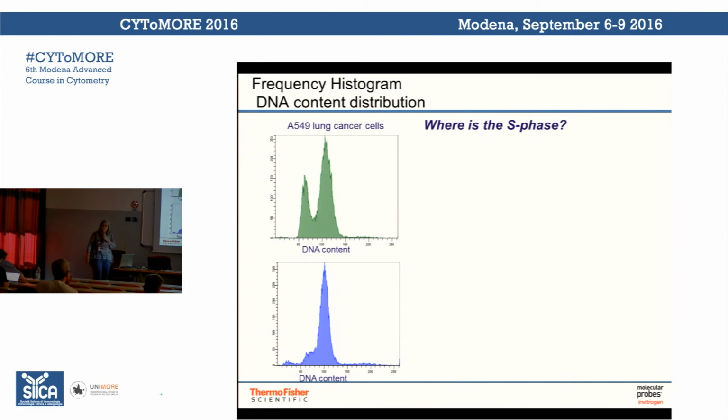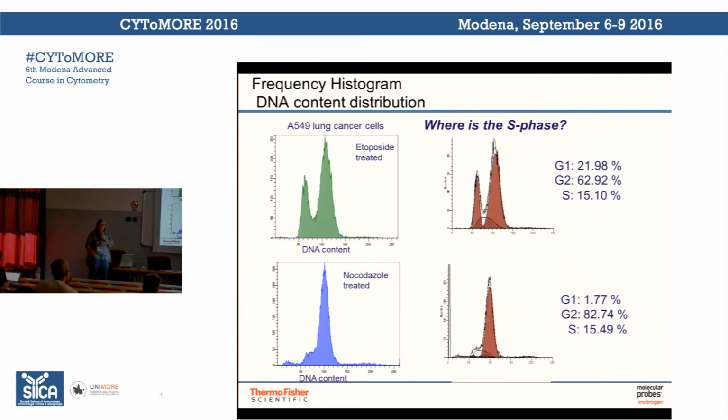But sometimes you have plots that look like this and may be a little difficult to determine what the S phase is. These are actually cells that have been treated with blockers, which is a very common treatment. It's interesting looking at these, they're very different plots, and they model quite differently, but the S phase on these is about the same. So I really wonder, is that accurate or not?